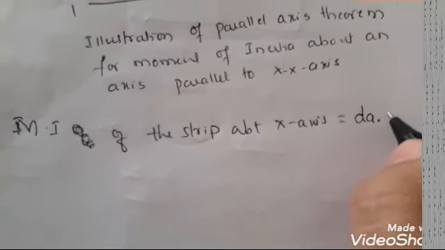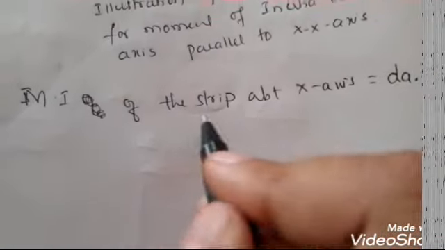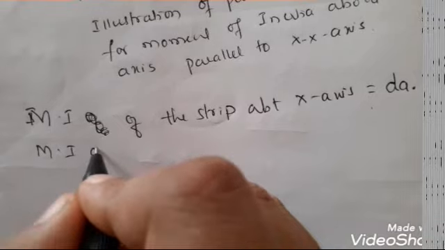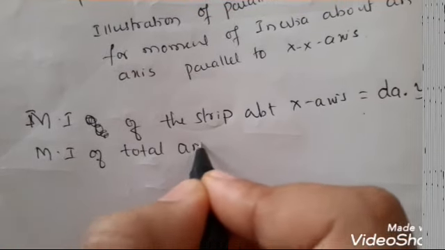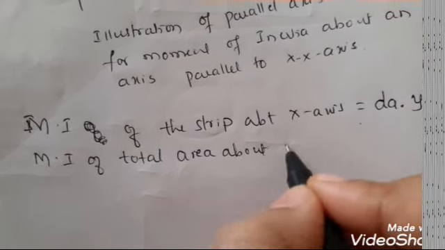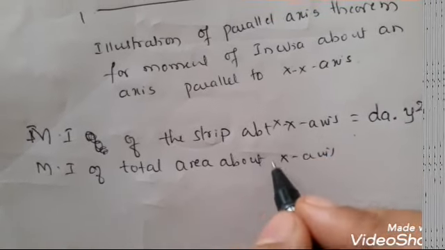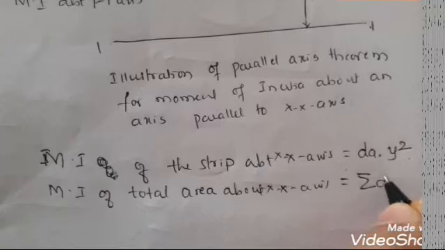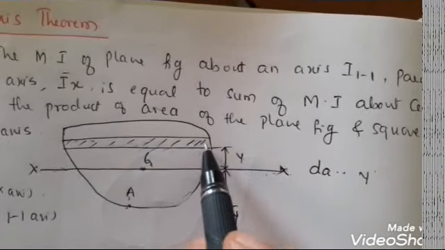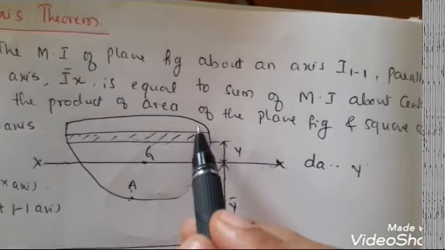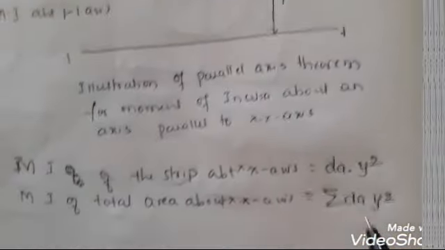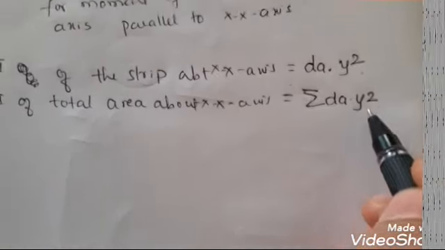So dA into y square is the moment of inertia of the strip about the x-axis. Similarly, the moment of inertia of the total area about the xx axis, that is the centroidal axis, is equal to the summation of dA into y square, because the total area is the summation of these small strips.